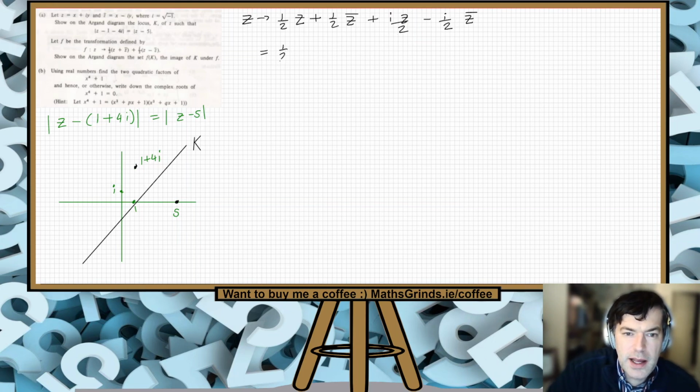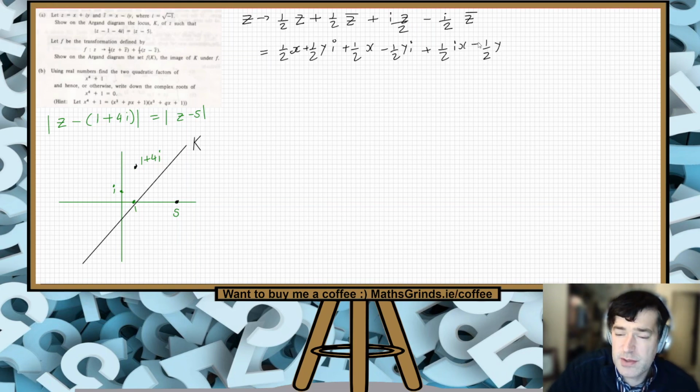This would be a half x plus a half yi plus a half x minus a half yi plus a half ix minus a half y, because the i times the i makes i squared, which is minus 1, minus a half ix plus a half y.